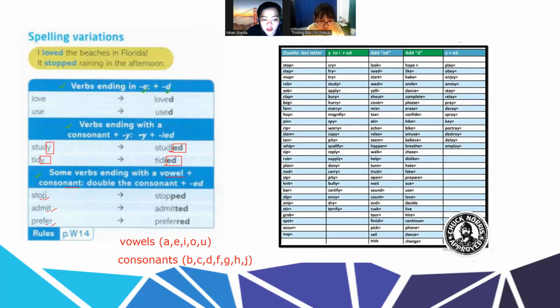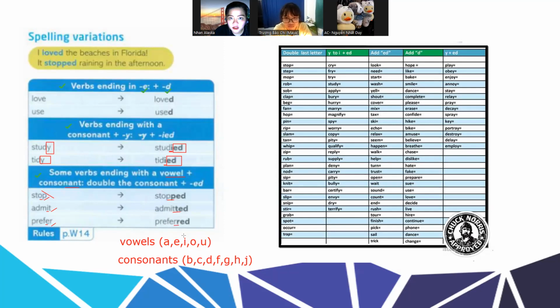Right? So with this one, it says that the pattern is vowel and a consonant. All you have to do is double the consonant. It so happens in here, double P. Stopped. Admit, vowel consonant, double the consonant, admitted. Next one, prefer. So vowel consonant, double the consonant, it becomes preferred. Okay? Can you follow? All right.